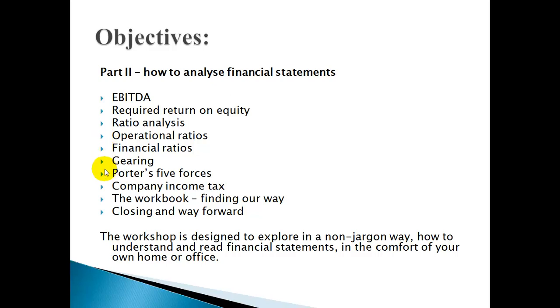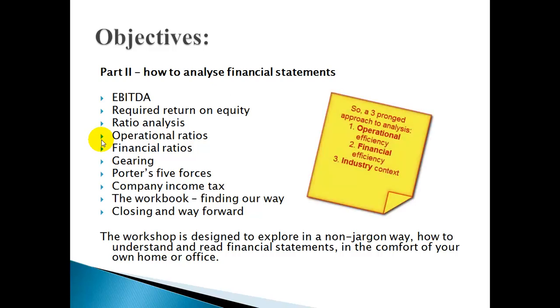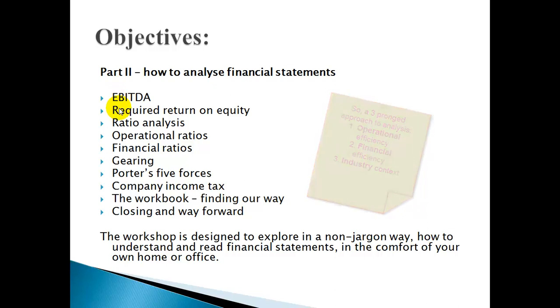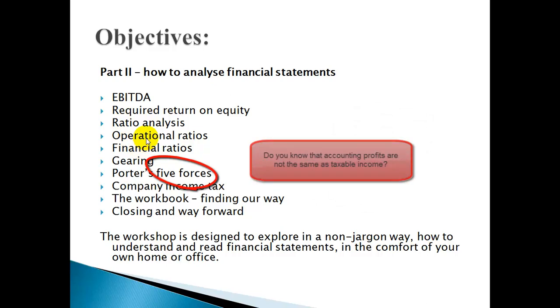And then bringing in the third level of analysis, Porter's 5 forces. How does this all fit into the industry? What shall we be focusing on? Operational ratios, financial ratios. Right, where do we take it from here? Porter's 5 forces will set the context. I then have a final discussion on company income tax, which is applicable around the world.